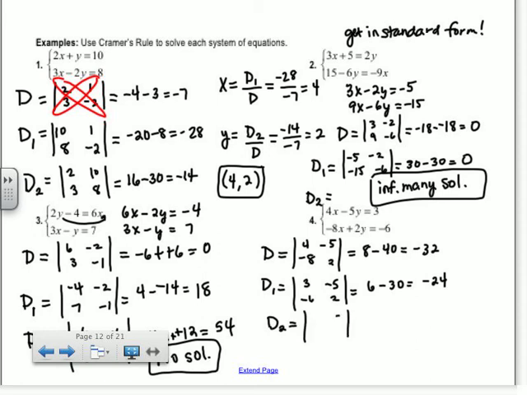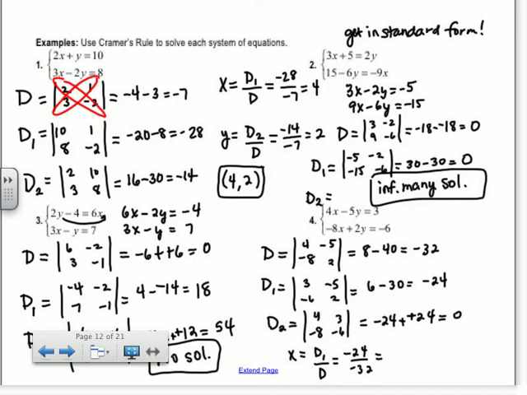And then d2, replace the second column with the 3, negative 6. The first column was the same as what it was before with d. So I get negative 24 minus negative 24. So that makes plus plus, so I get 0. Okay, so remember x is d1 over d, which in our case is going to be a fraction, negative 24 over negative 32.